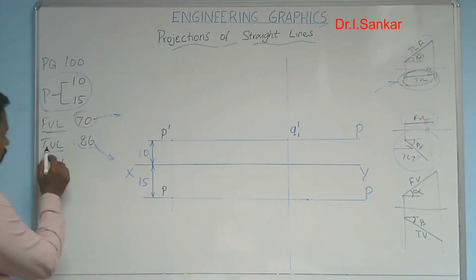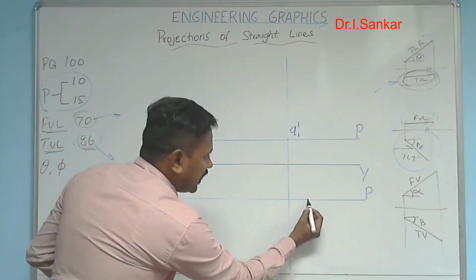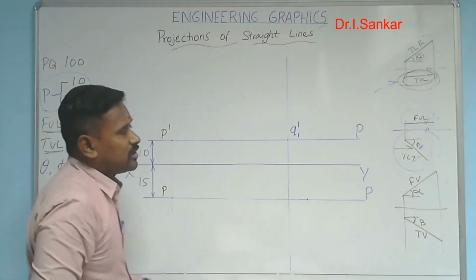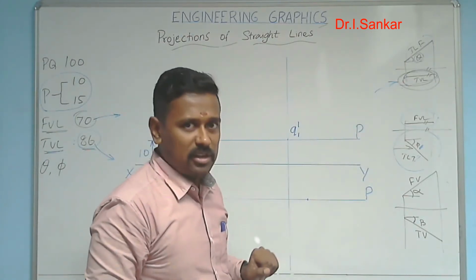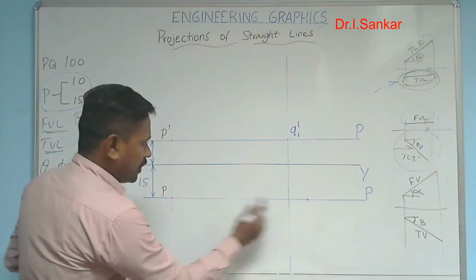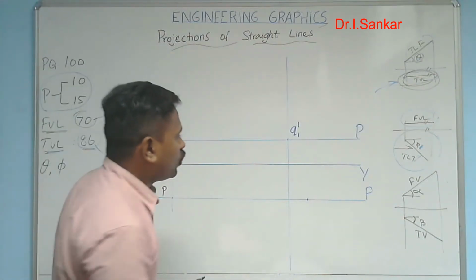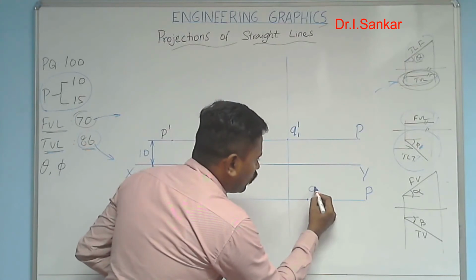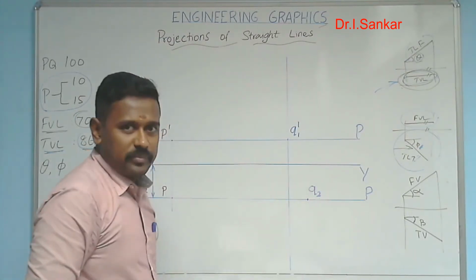And by using the top view length 86 mm, I marked the point here. The top view length line should be marked in the top view area, parallel to XY and in the locus of P. Here I marked the point, and the name of that point is Q2. It is Q2.